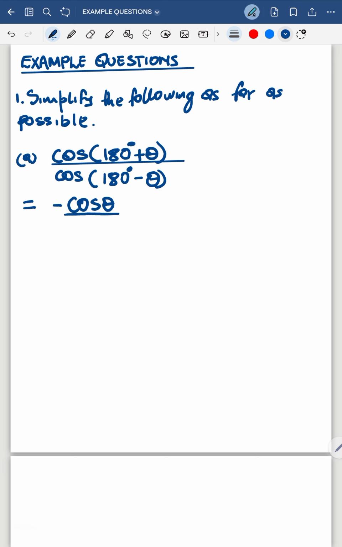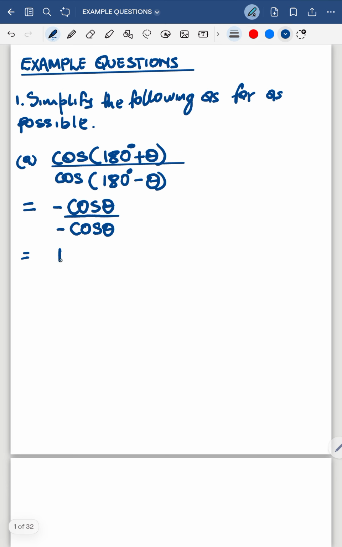It's the second quadrant. We said so yesterday. So how is cosine in the second quadrant? It's negative. So negative divided by negative is going to be positive. Then cosine divided by cosine is 1. So it's positive 1 here. That's your answer.